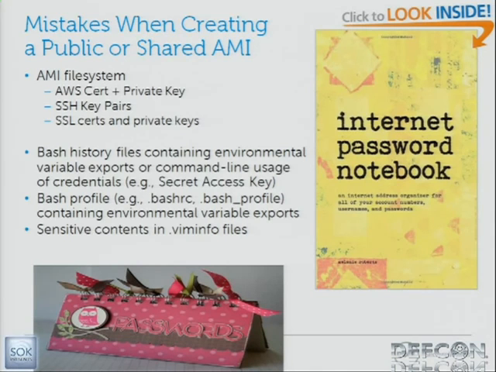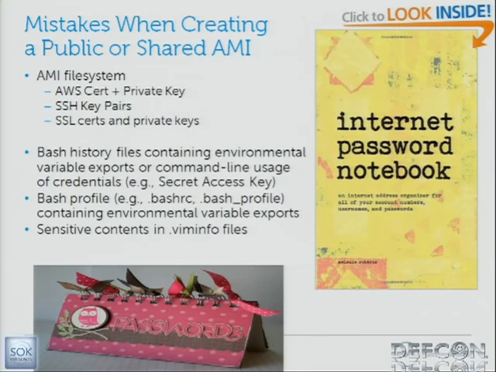You might have SSL certificates and private keys that are on the image. You need to be conscious as a publisher of an image what you're putting out there, because once it's public, it is truly public, and anybody can access these images and search for these sorts of credential materials, and that's essentially what we've done.